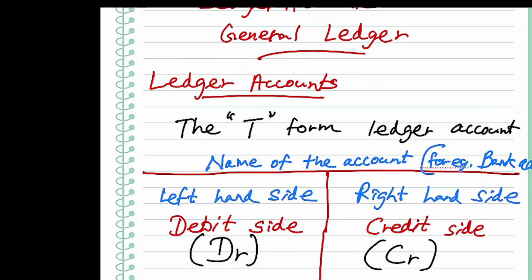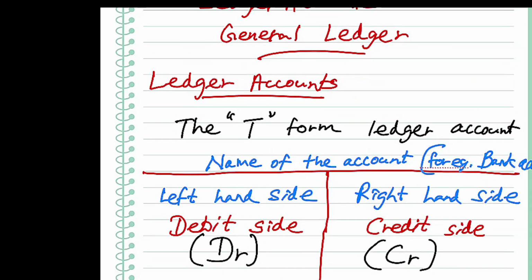Let's say we might have 50 or 100 or even more ledger accounts in the business. When I was an accountant, I used to maintain the ledger accounts in a book. Now we have computer systems, but back in those times I recorded in the book.